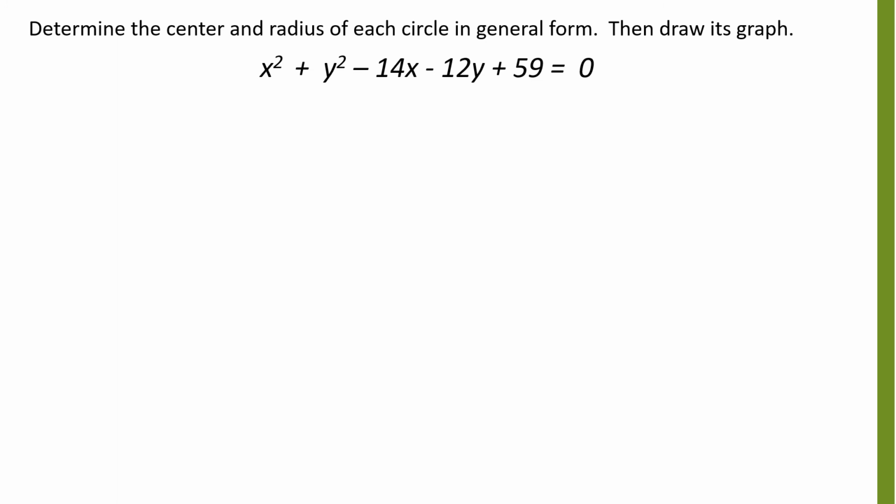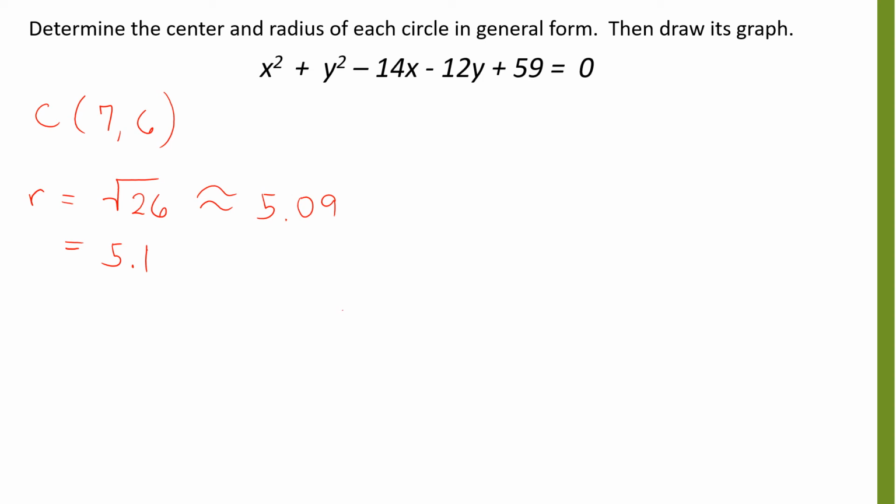A while ago, we found out that the center of this equation is at point 7, 6, and the radius is the square root of 26. When you take the square root of 26, approximately, this is equivalent to 5.09. So therefore, we can use 5.1 here as our radius.